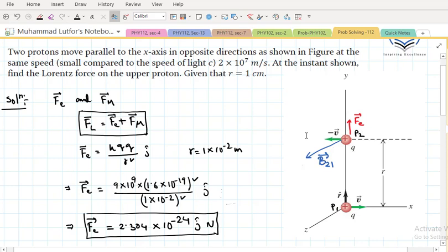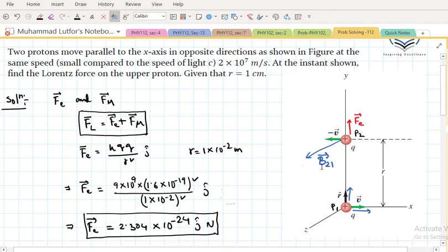Put your index finger in the direction of the first vector and keep your palm towards the second direction, which is R. Then if you rotate your index finger towards the second vector R, your thumb would be towards the Z direction.